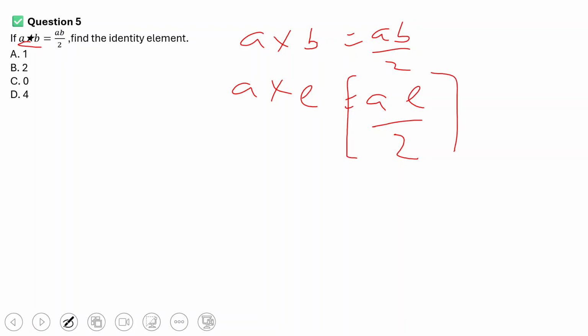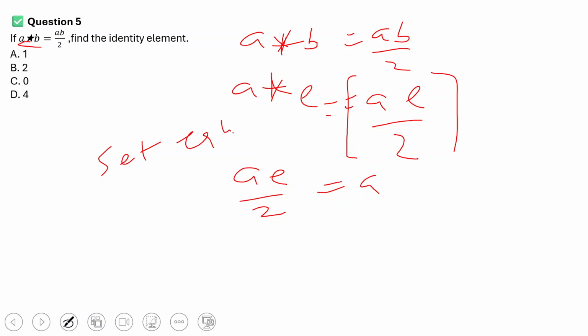You will set AE over 2 equal to A. We want to look for what will make this one unchanged as A. So what is E that will make this one unchanged? So we'll multiply both sides by 2.